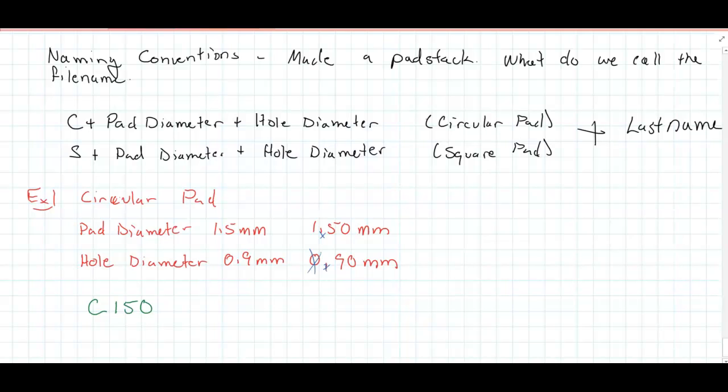I ignore the decimal point and the 0, so I'd have 90. So I have C 150 90. Technically that's all we would have for the standard, but because of what I said in our class, I'm going to add my last name, Rumsey. So that's how I would name this file. And this is automatic when you save the files, but our pad stack editor would save it as a .pad file. So that's the naming convention.